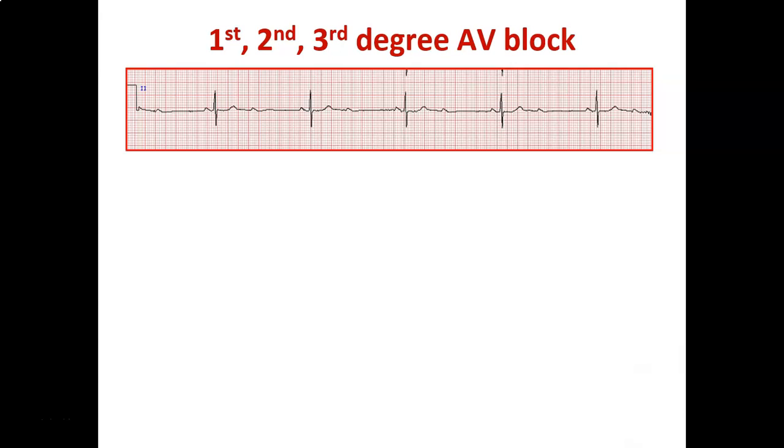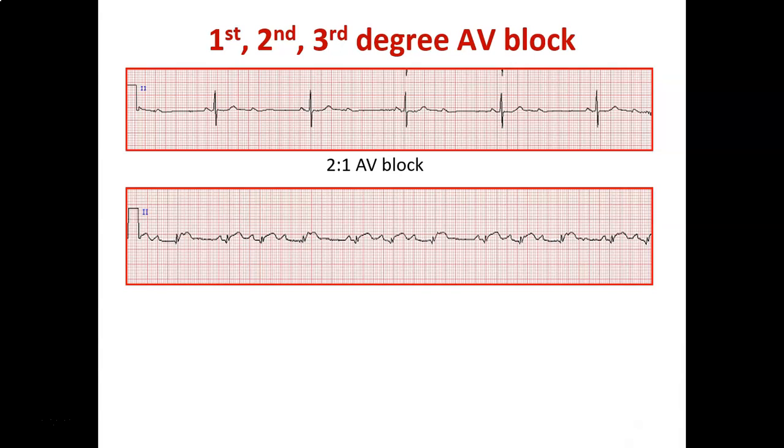The important thing is to keep in mind the PR interval. PR interval wherever available is fixed and constant. Some P waves are conducted, some are not. This P wave is conducted, this P wave is not, and PR interval is constant. So this is your 2:1 AV block or second degree type 2 AV block.